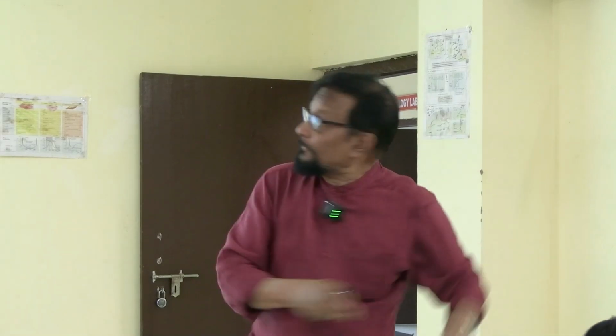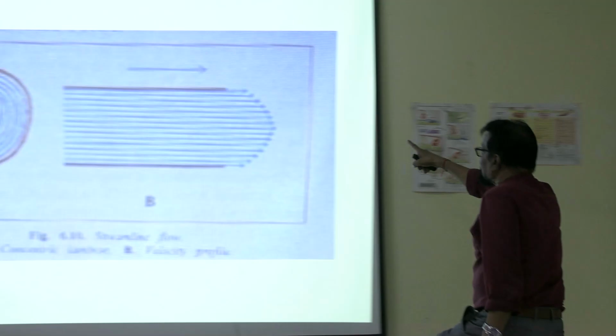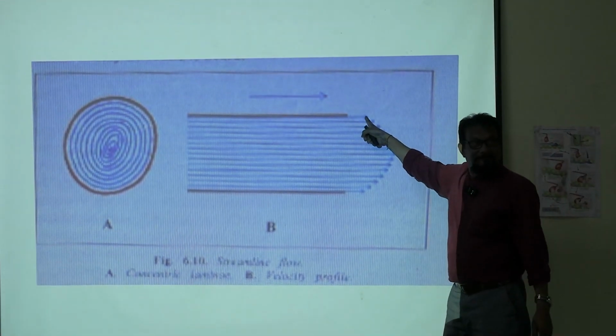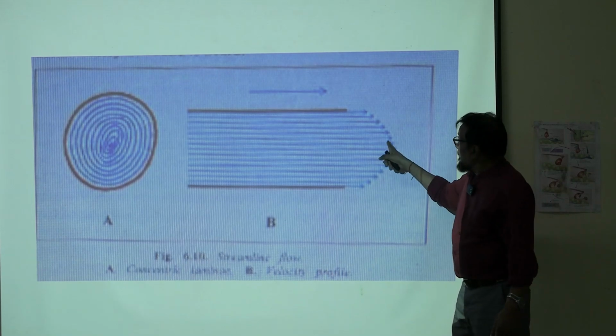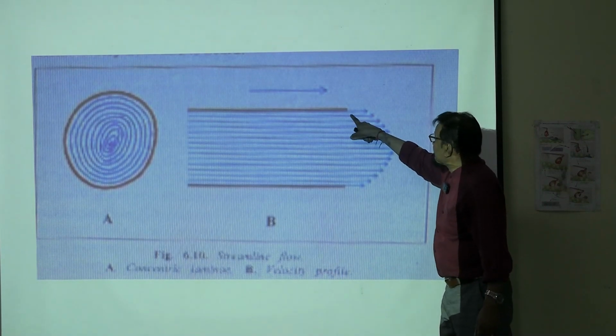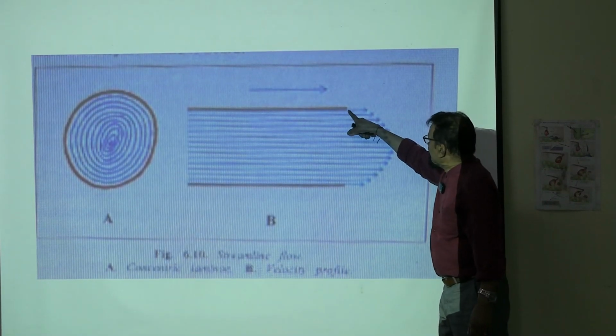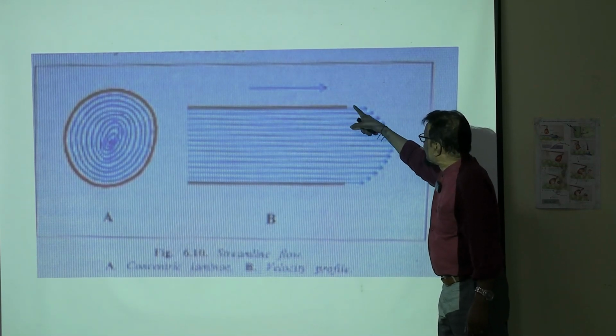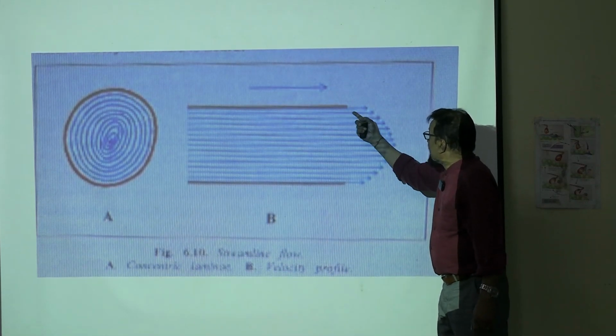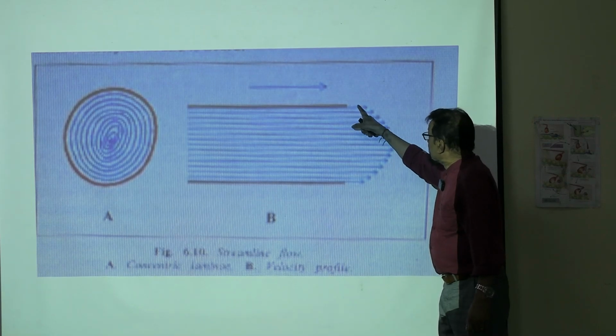So they will not be able to proceed like other layers. They will be at the back. But here, the resistance is less, so its flow rate is higher than this, as there is less friction than this.